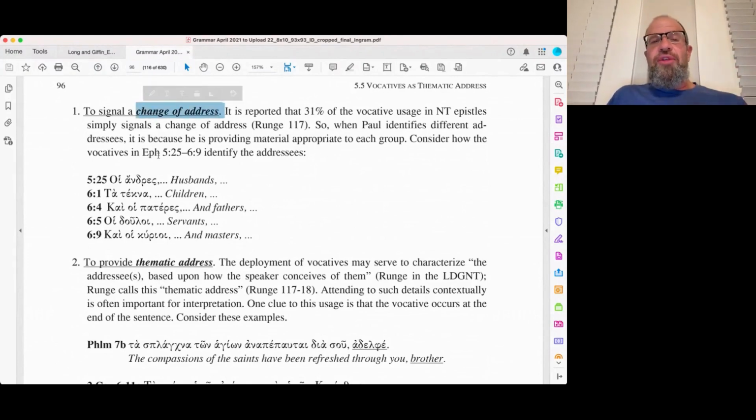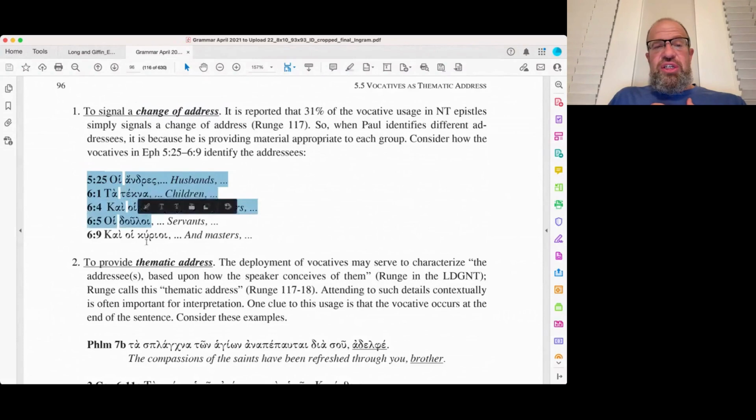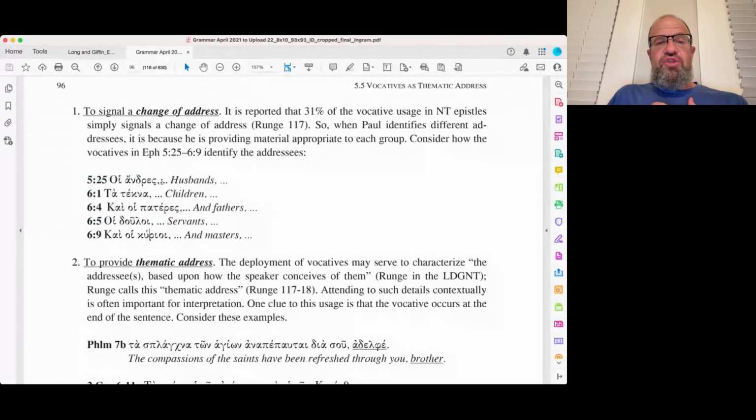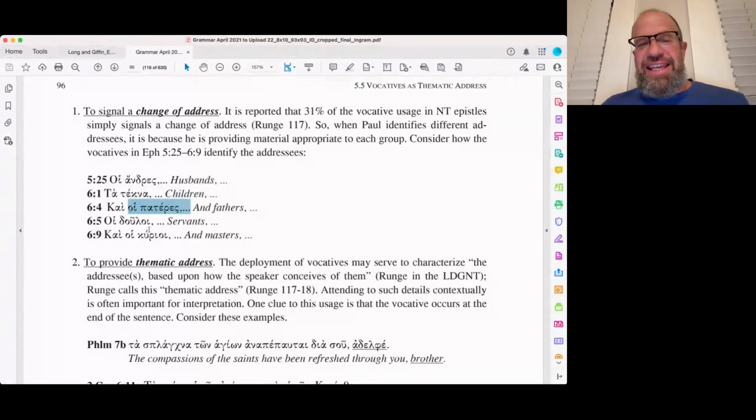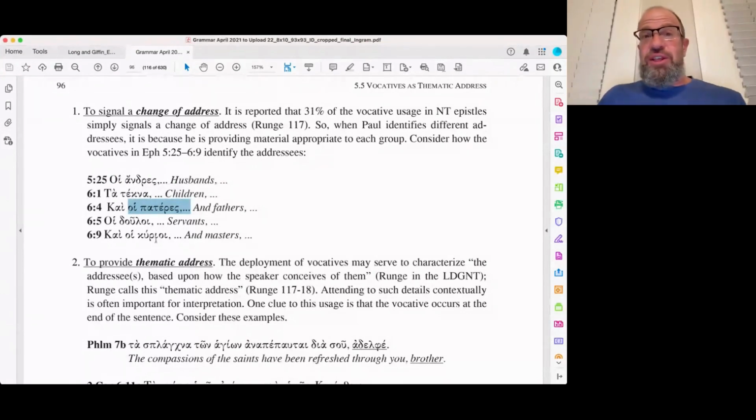Who is the author talking to? This is most notably seen in Ephesians, where Paul is addressing different groups. He'll talk about husbands, he'll call out children, he'll then give commands to fathers, to servants, to masters. Each of these different sections is indicated by the use of the vocative.